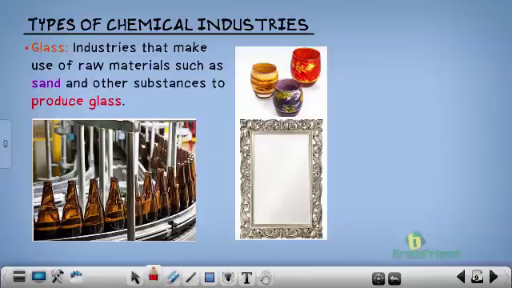The glass industry. This industry makes use of raw materials such as sand and other substances to produce glass. So sand is also a raw material, and when it is mixed with other substances and undergoes some chemical processes, it produces glass.